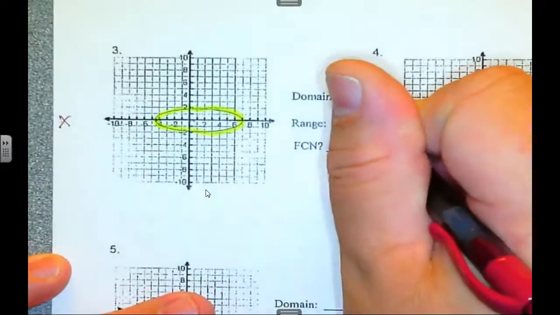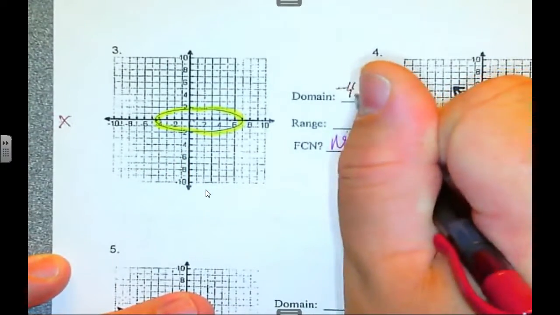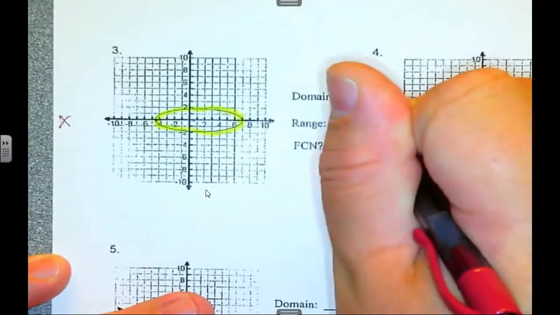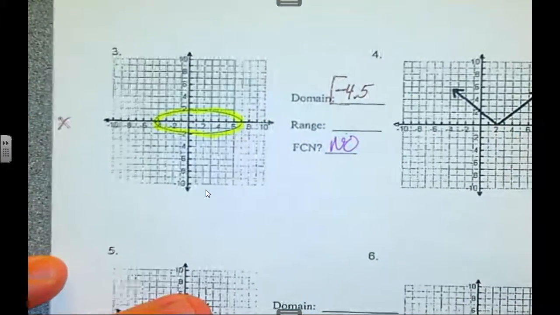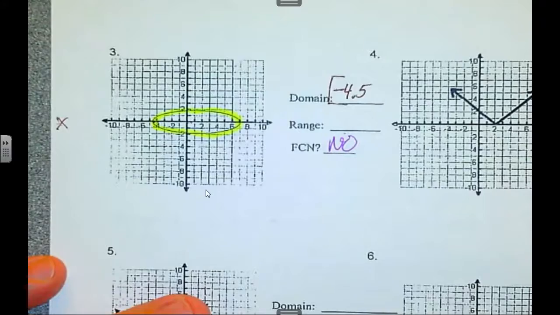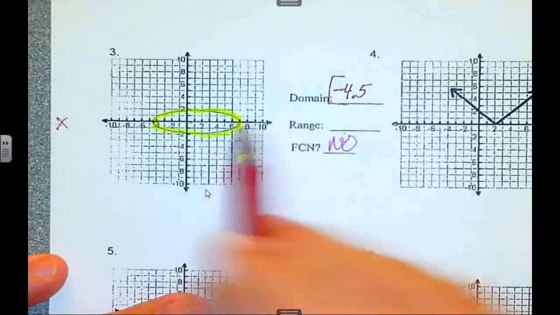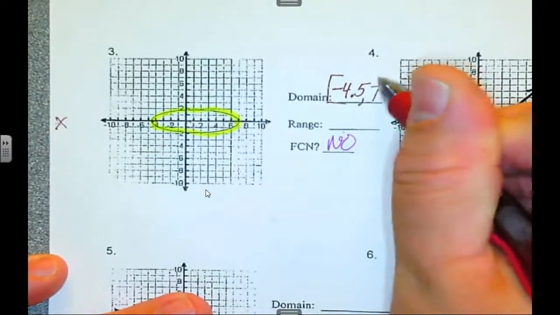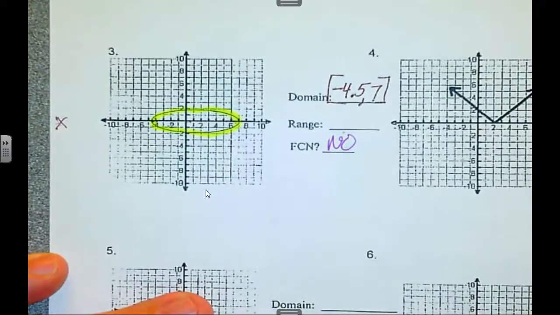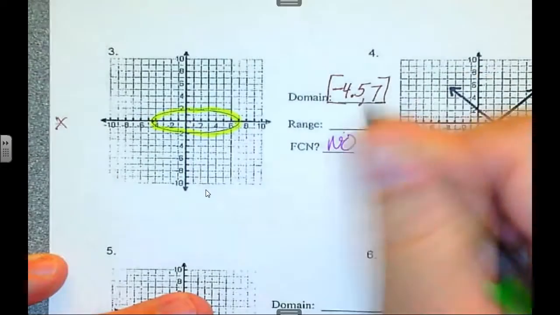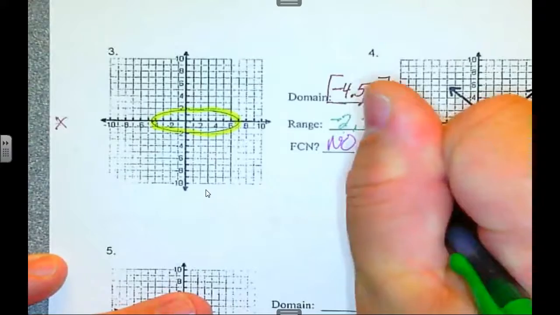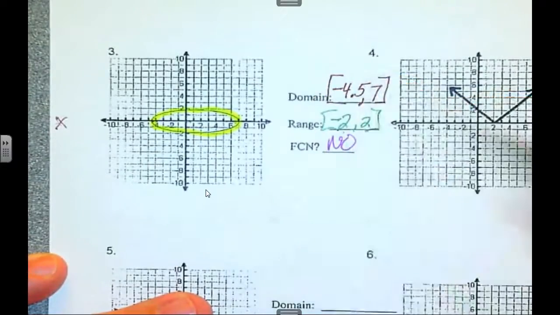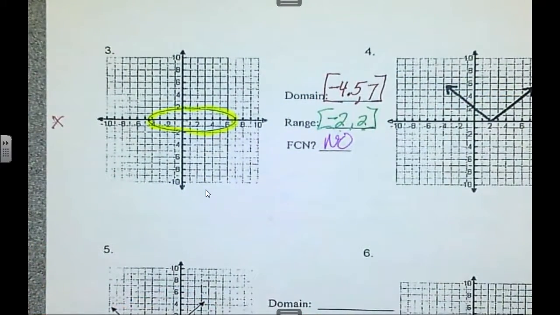Yeah, -4.5. And then the next one would be 7. Yep, 7. So then, hold on, next is -2, 2. I think that's where that lies. There you go.